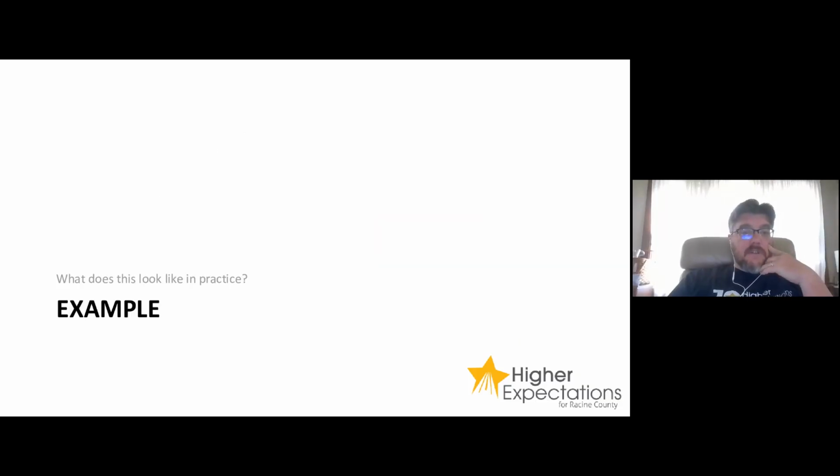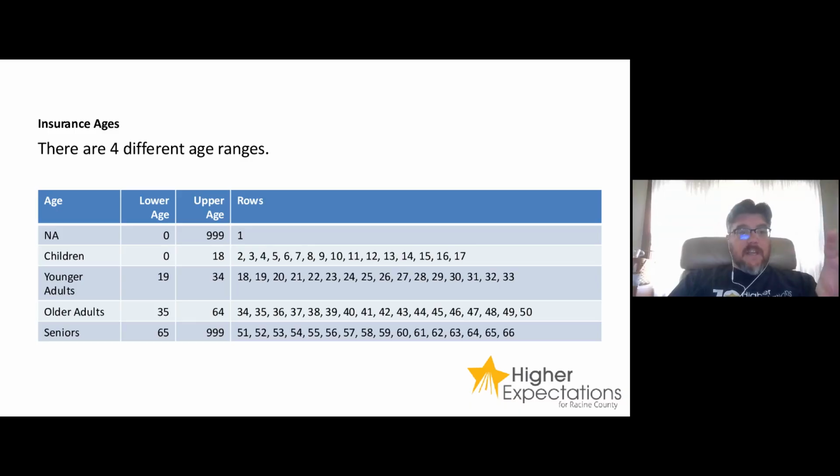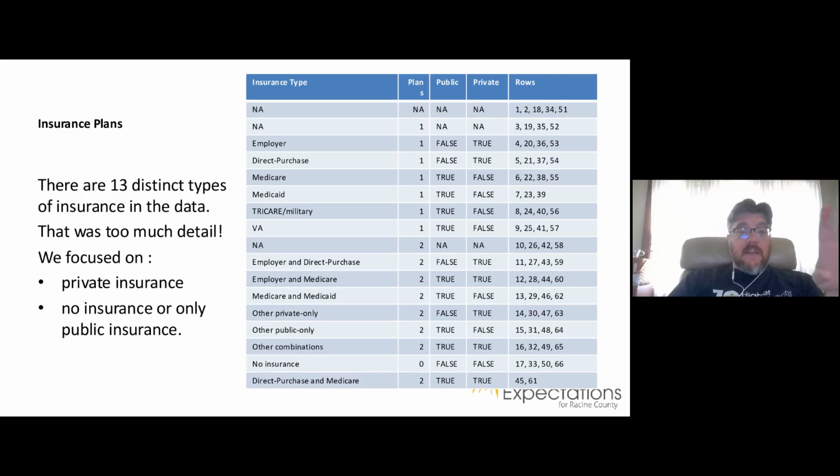And then I have talked too long, so I can't really go too much into this example. But the main idea I want you to get is that as a programmer, you can say, okay, here are the categories that are in the ACS. For example, when I was talking about insurance, I was like, okay, here's City of Racine, here's all the different ways the ACS keeps track of insurance. And like, oh my gosh, that's too much. Let's just look at private versus no private insurance.